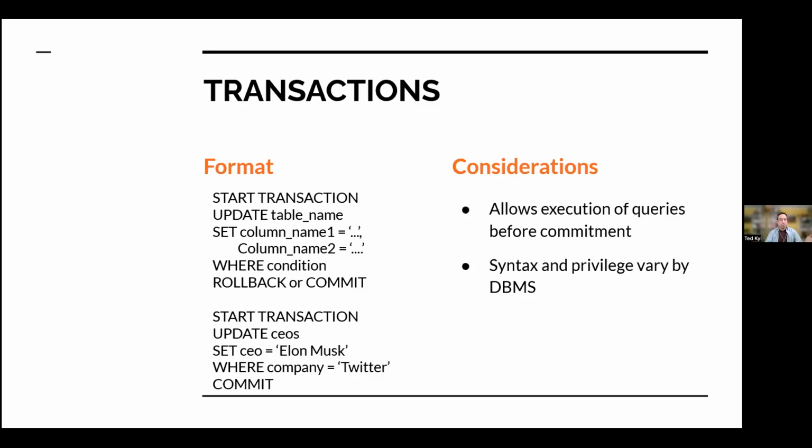And the connection business is important because for everyone else, they either aren't going to see your changes, or they're typically just going to be blocked, and all of their queries are going to fail until you either roll back or commit.